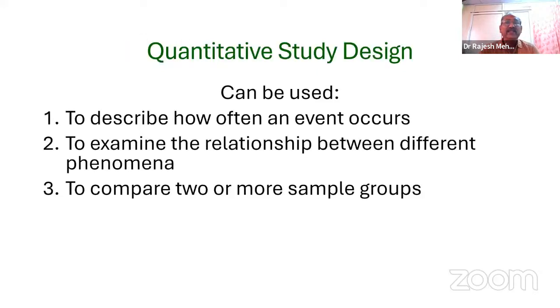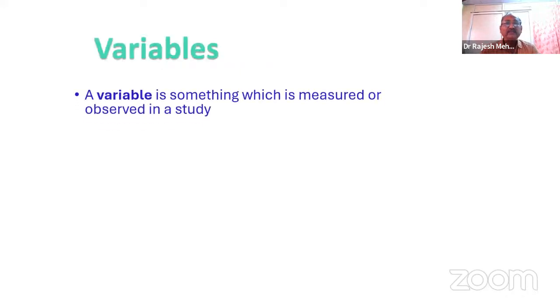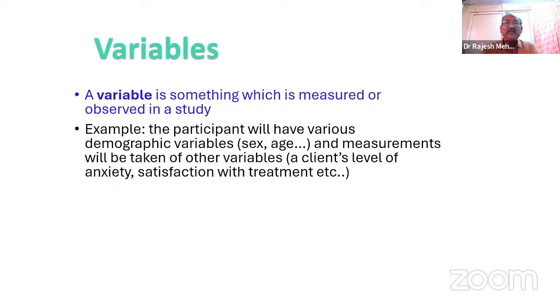When we say comparison, etc., the word variable is very important. Variable: something which varies, right? And it is to be measured or to be observed.